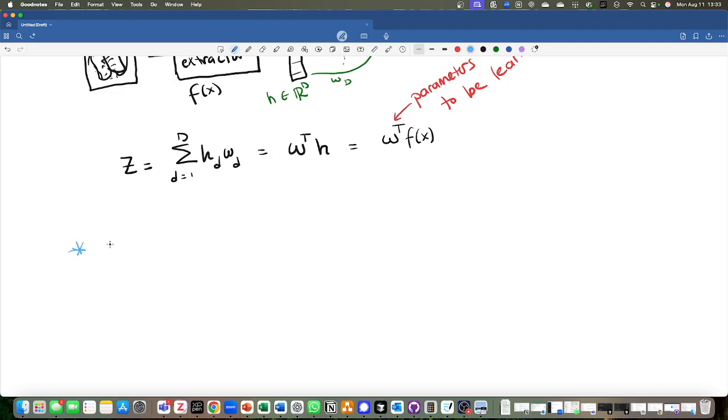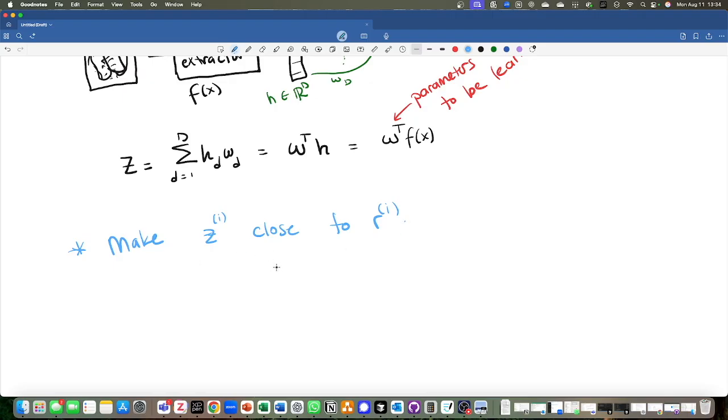The first goal, we can say, is to make Z for each and every one of the samples, Z of i, close to R of i. Only then can I say that my model works, right?